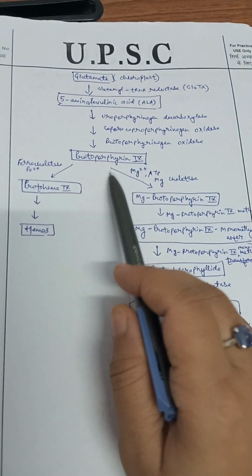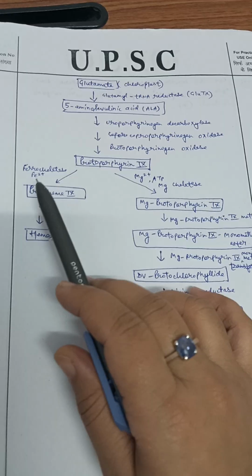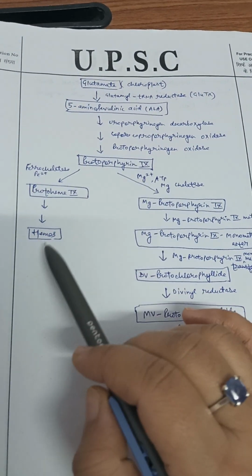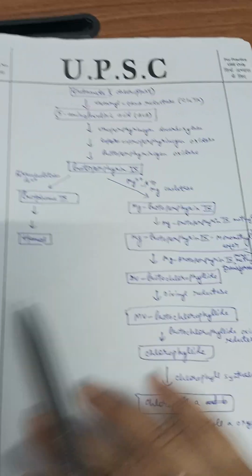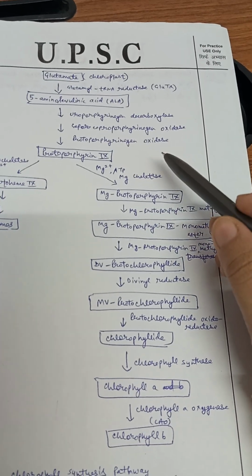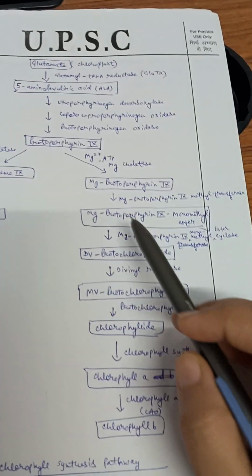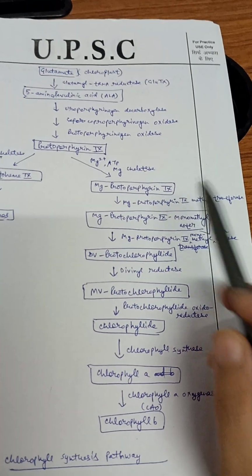Now this protoporphyrin 9 will convert to protoheme 9 in the presence of ferrochelatase, and then it will convert to the heme pigment. But in case of plants, when magnesium enters in the presence of ATP and the enzyme Mg chelatase, it converts to Mg protoporphyrin 9.